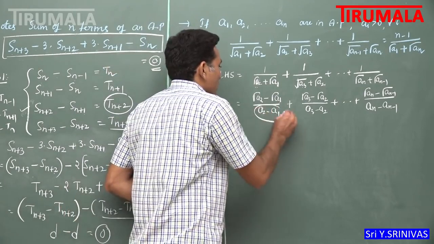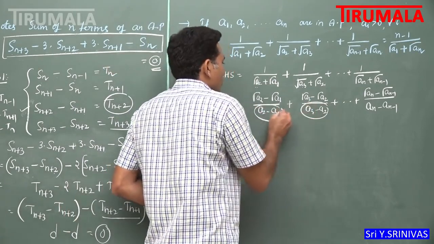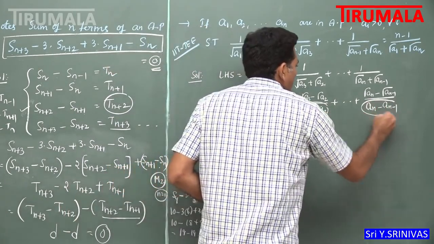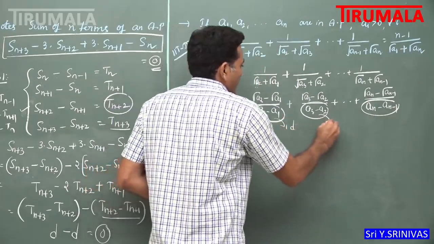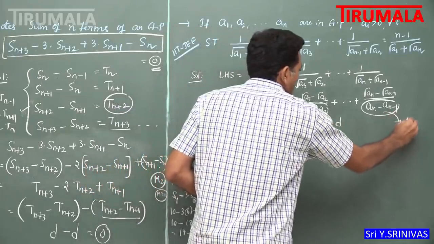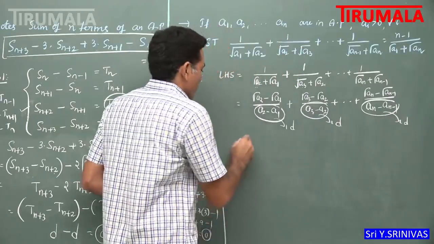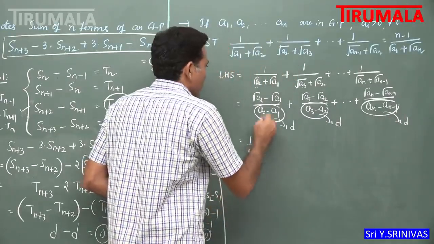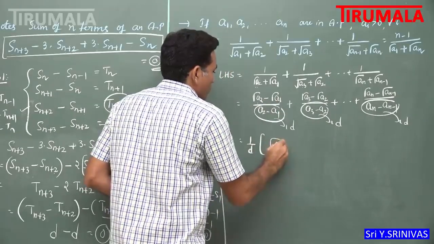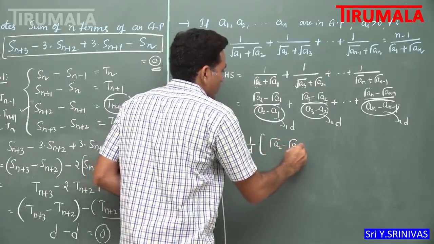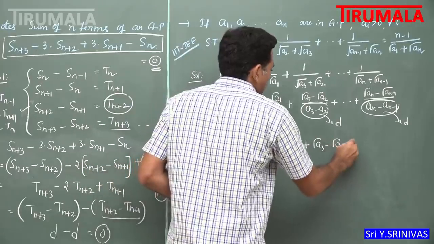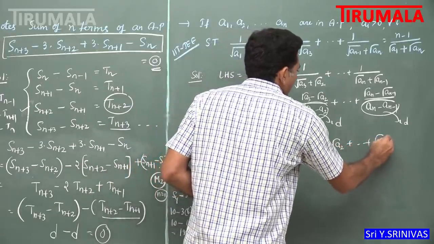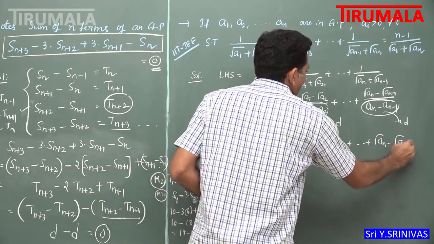Observe the denominator, students. Denominator is a2 minus a1, a3 minus a2, an minus an minus 1. It is the common difference d. So we have 1 by d into the numerator. What is the numerator? Root a2 minus root a1 plus root a3 minus root a2, and so on, root an minus root an minus 1.